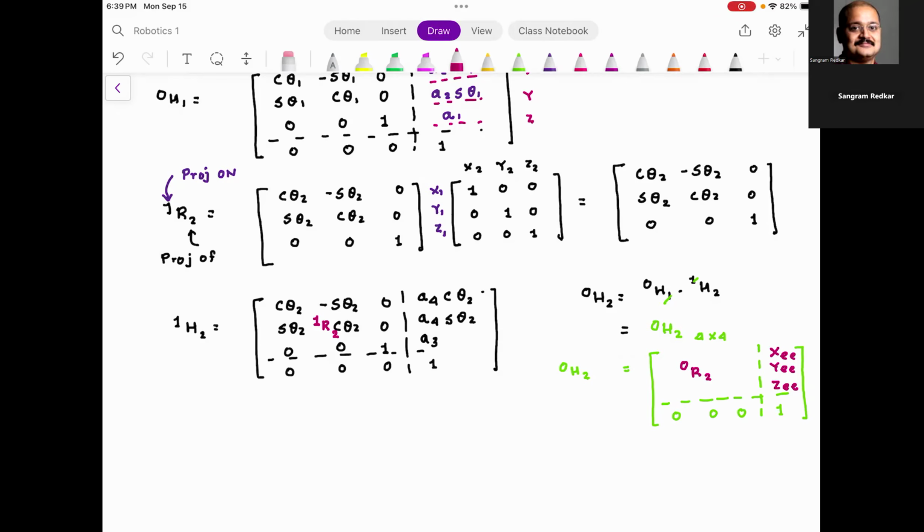So what I'm going to do now is open MATLAB. I'm going to open the forward and inverse kinematic script. I will have to share my screen.